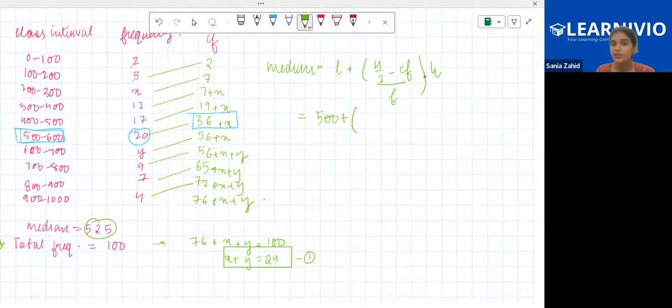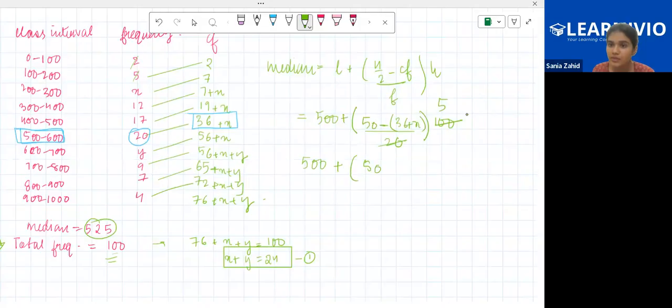N by 2: you know N is 100 because total frequency was given to you, so N by 2 is obviously 50, minus CF, which is 36 plus x. Don't forget to put this CF in brackets, because there is a minus sign before it. Divided by frequency 20, into h. What is h? 100. So you will have 500 plus (50 minus 36 minus x) into 5.